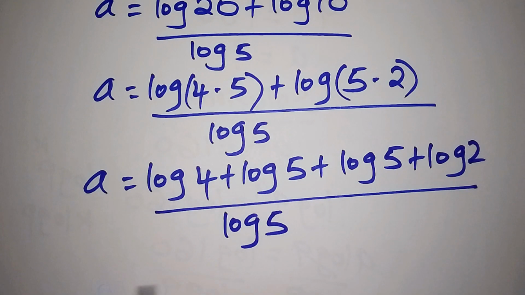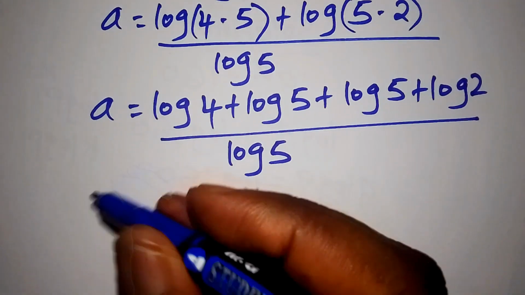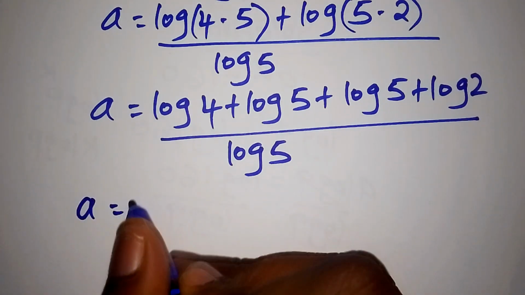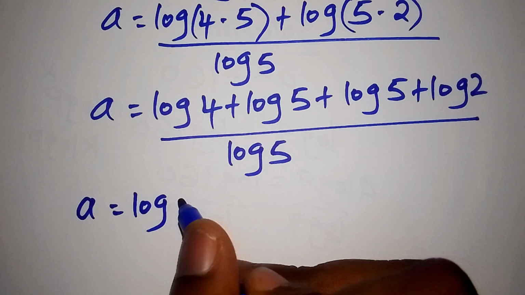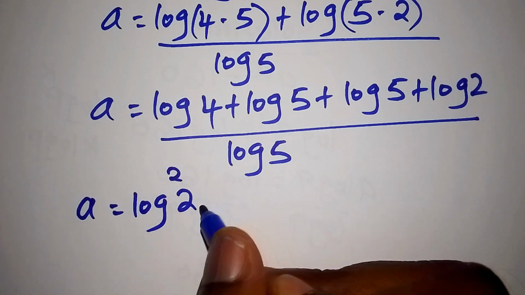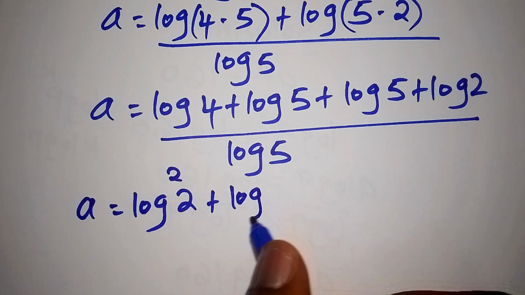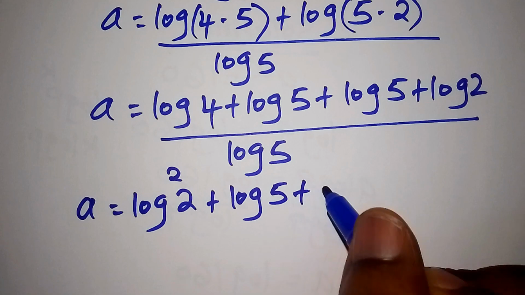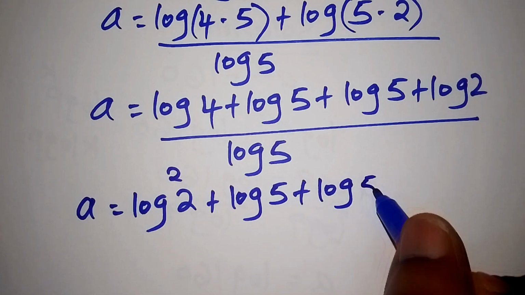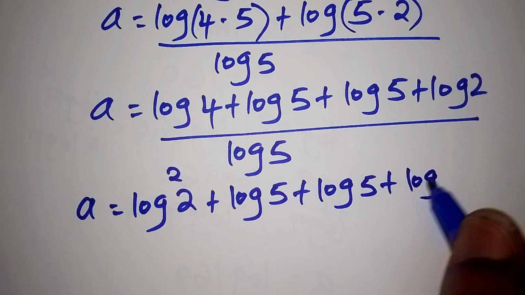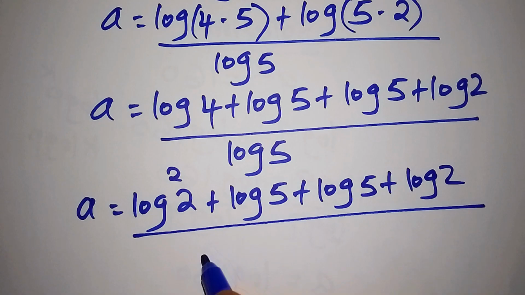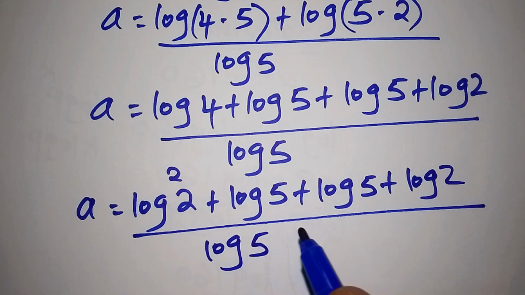Then when we try to simplify further, a is equals to the log of 4, which can be written as the log of 2 to the power of 2, plus log 5, plus the log of 5, plus the log of 2, all over the log of 5.